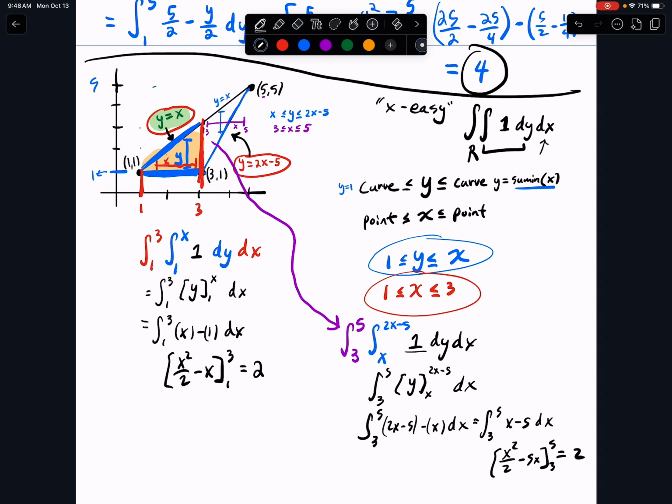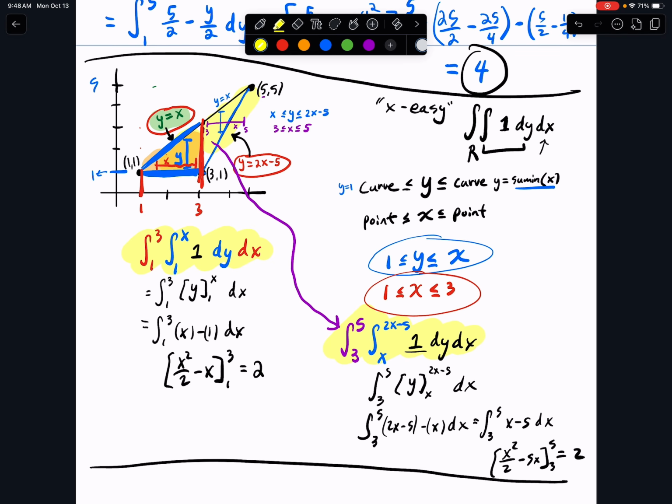All right. So you can do it either way, but you clearly see that I think this way is actually harder because you have to calculate 2 iterated integrals to get that area, just like when you were in Cal 2, if you did x easy versus y easy, you ended up maybe causing yourself twice the work.